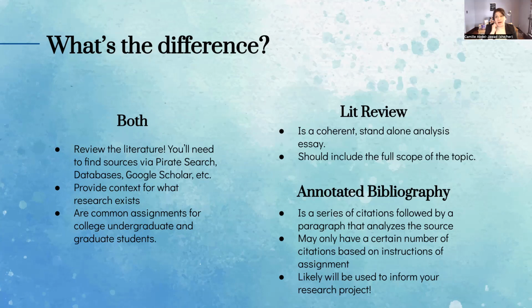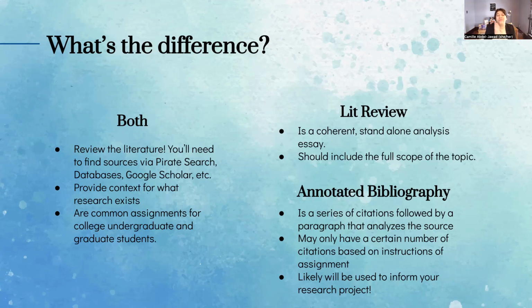This is a contrast from an annotated bibliography, because an annotated bibliography is not a coherent standalone analysis. It is just a series of citations followed by a paragraph or two that will then summarize and analyze the source, okay? So it's different because this is not going to be a standalone essay.